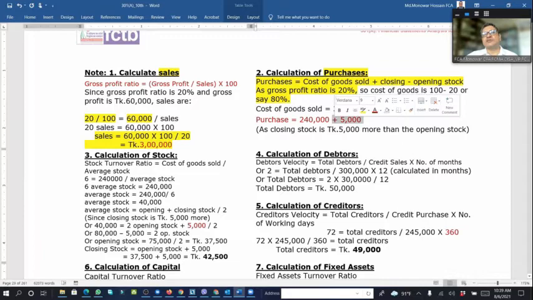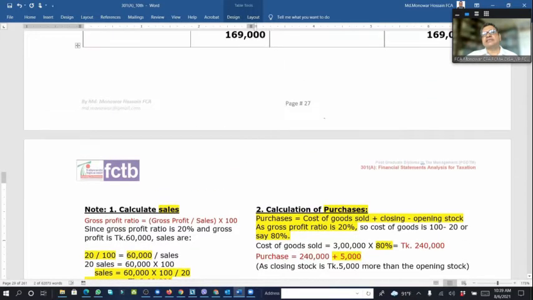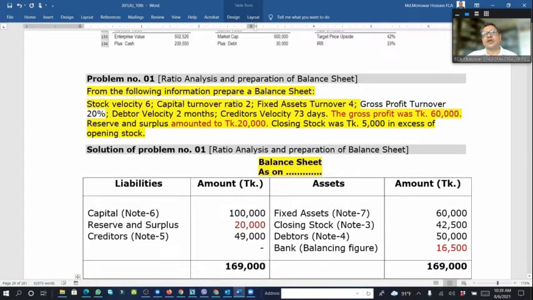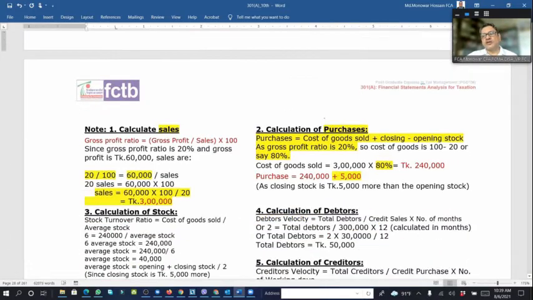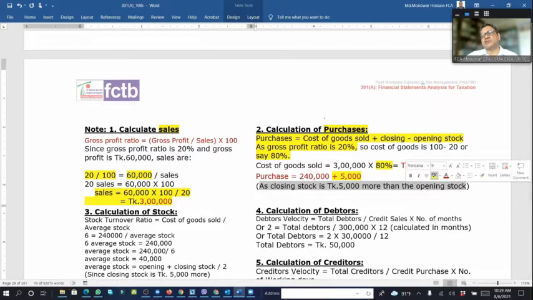What is 5,000? As per the question, closing stock was 5,000 in excess of opening stock. So the formula is plus closing stock minus opening stock, an increase of 5,000, so that 5,000 is added here. So purchase would be 2,45,000.